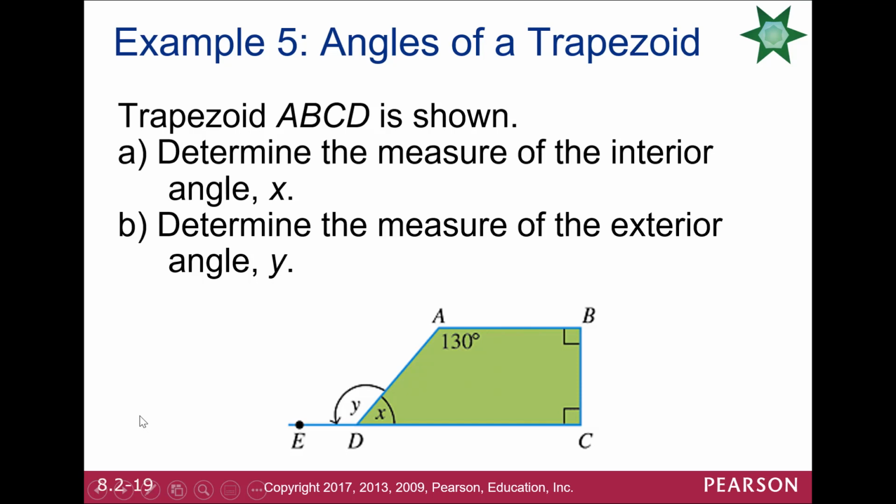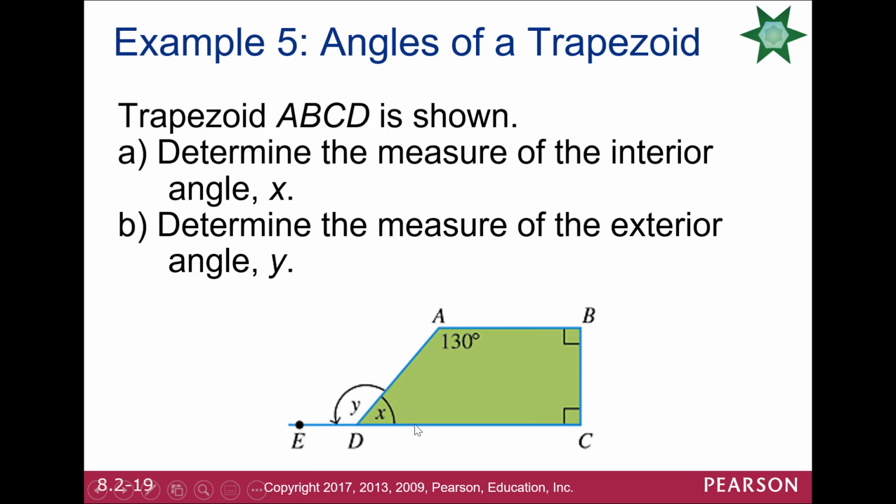Here we are solving for an angle of a trapezoid. Remember that this symbol means right angle, so this is 90, 90, 130, and they want to know x. Well, this is a trapezoid, a four-sided figure, a quadrilateral, so the sum of the inside angles is going to be 360. So 130 plus 90 plus 90, subtract from 360 to solve for x. x is 50 degrees.